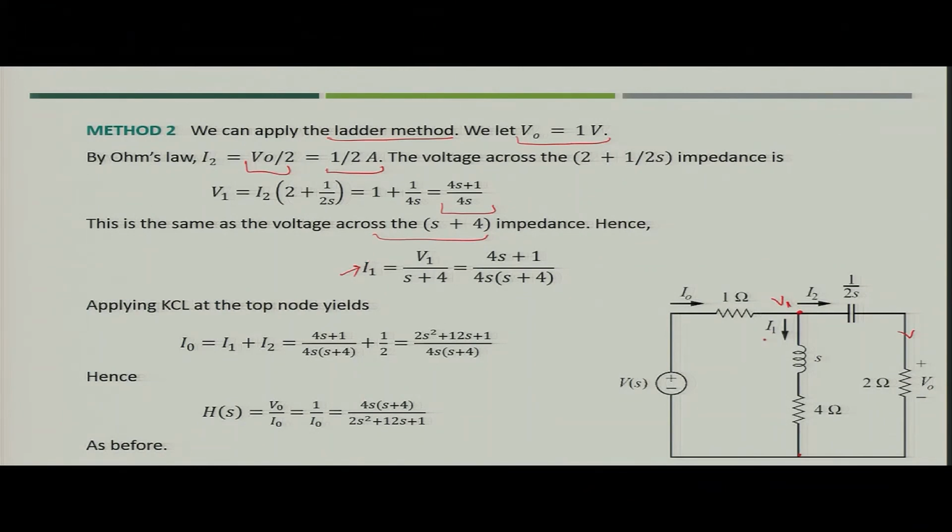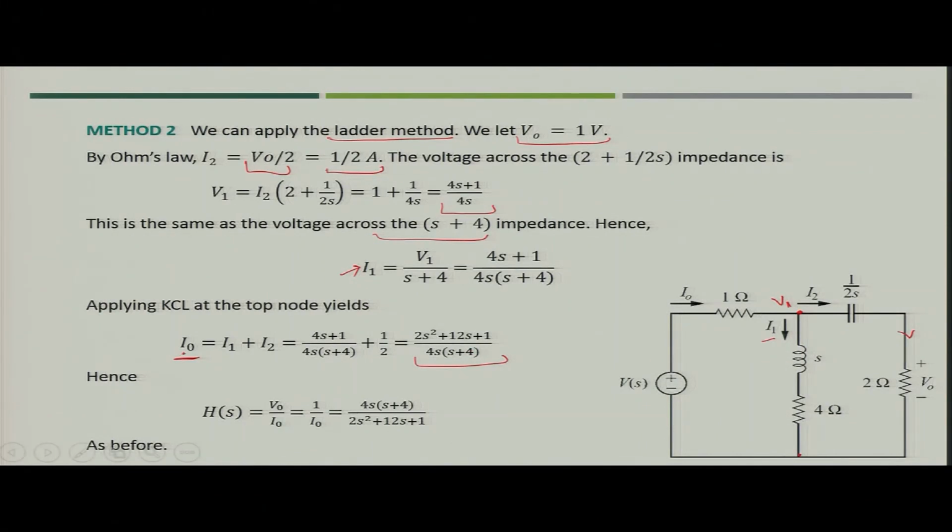Now, we have I1 and I2, both known. So, we can find out the value of I0. I0 now is nothing but I1 plus I2. So, I1 is 4s plus 1 divided by 4s into (s plus 4), plus 1 by 2. When you rearrange, you will get 2s square plus 12s plus 1 upon 4s into (s plus 4).